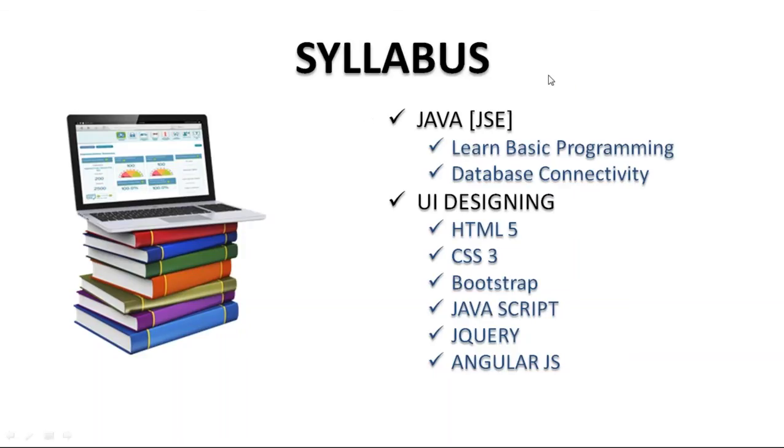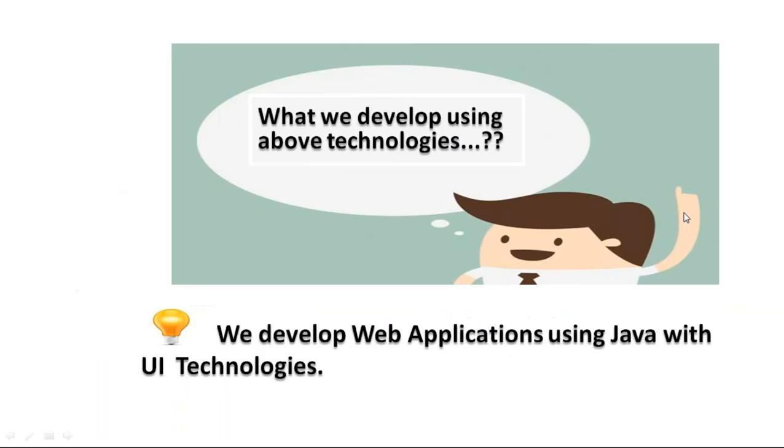First we will learn Java separately and UI separately. Then at the end, we will combine both of these technologies to develop web applications. Now you got it: we are learning Java and UI technologies because using UI technologies along with Java, we can develop web applications.